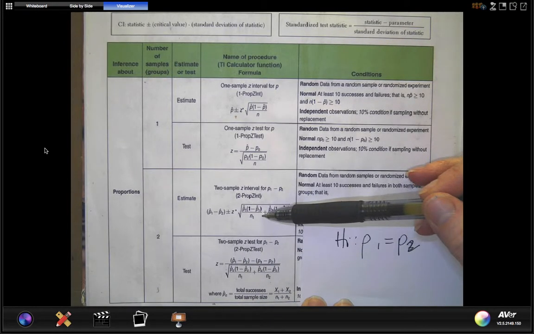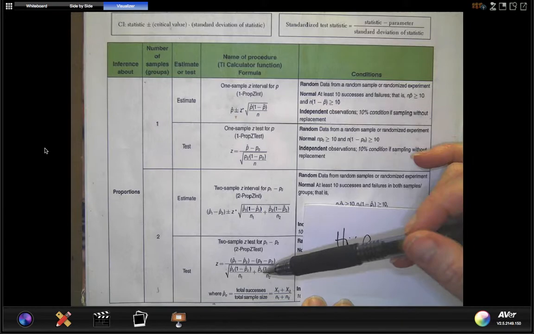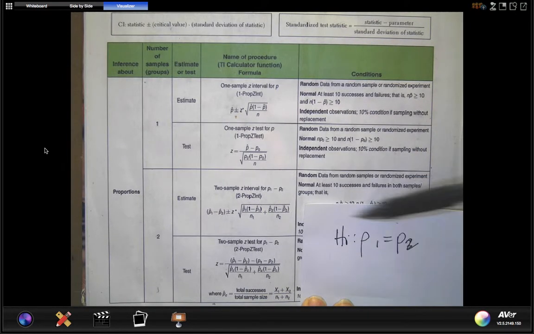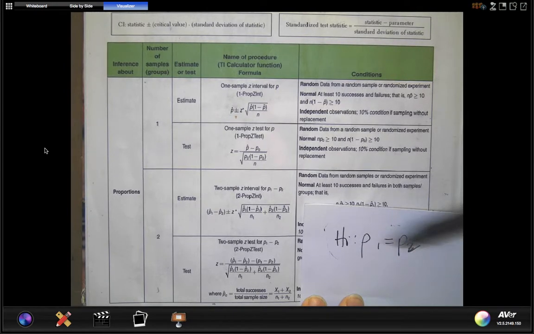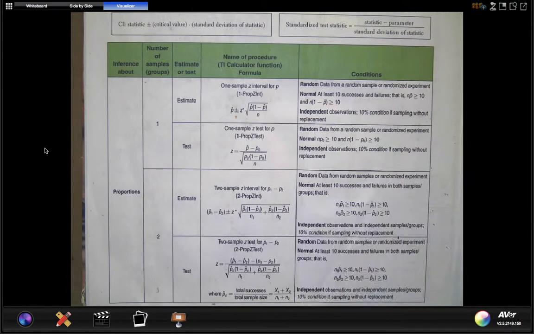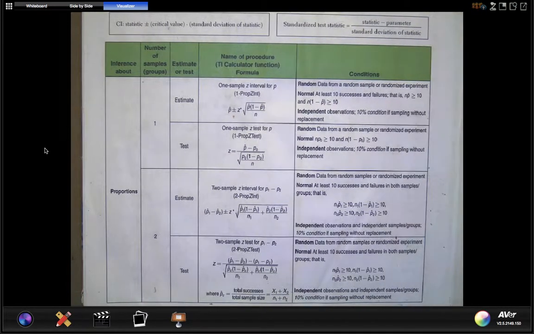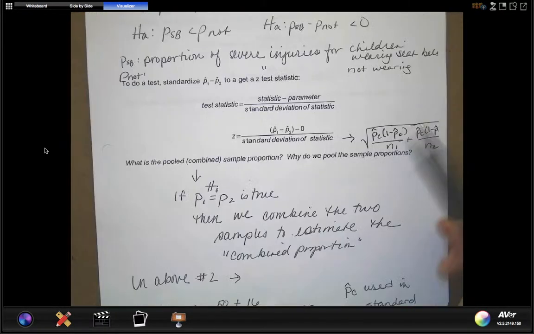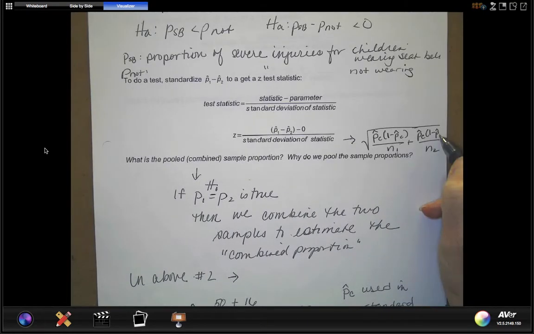So instead of using p hat 1, the only reason this is different from the confidence interval is because in that null hypothesis we make a statement about what we think is true about the proportions. So if we think they're equal, we should put them together and create one proportion. Again, that's that formula that I just showed you in the book.